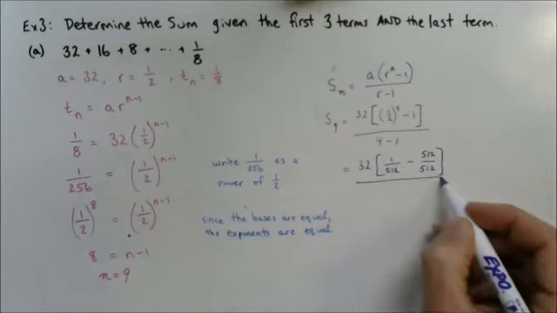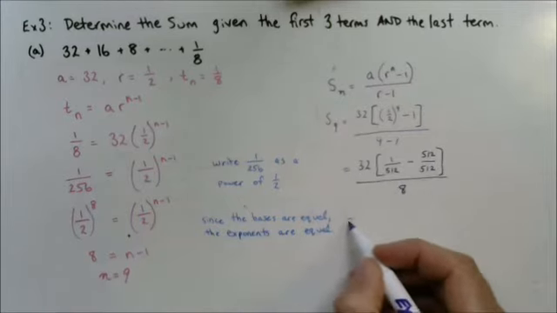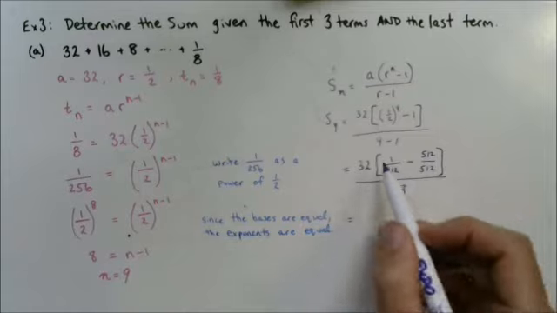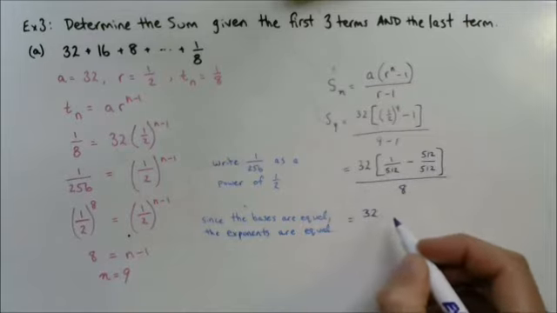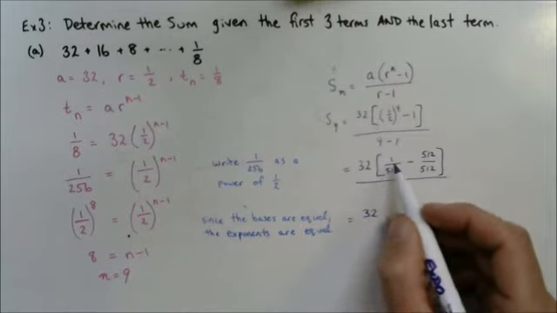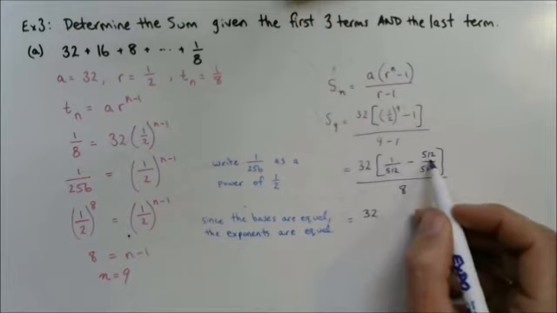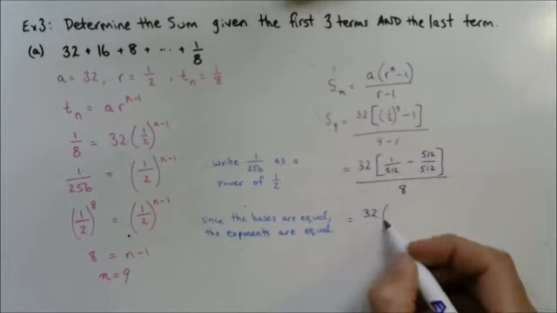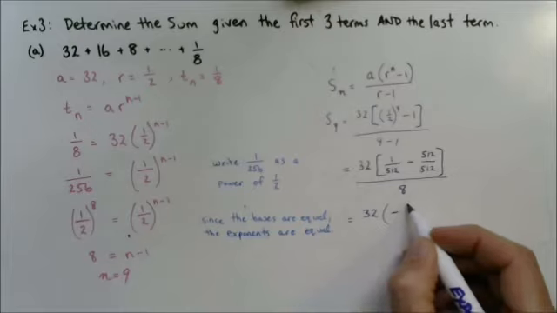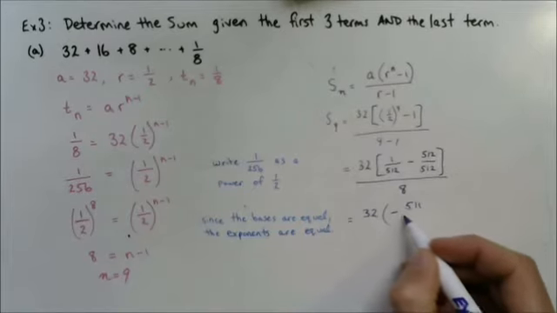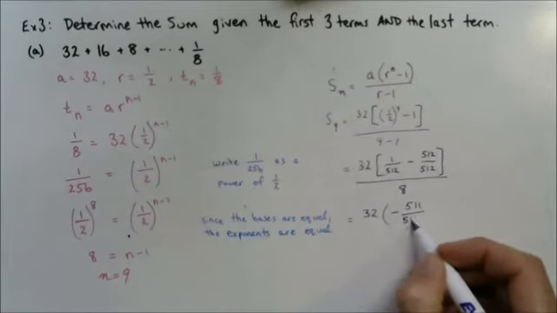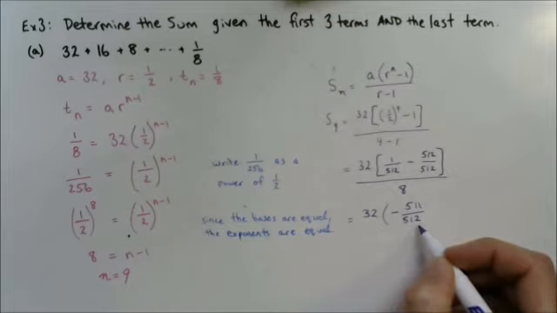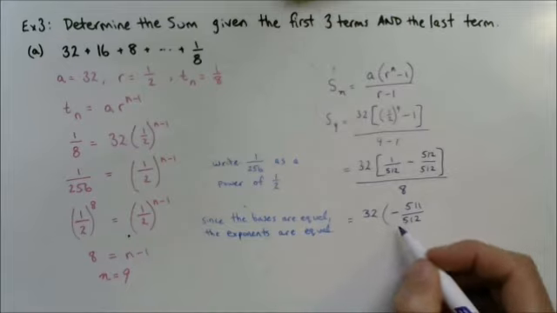Okay? Denominator I can reduce to 8 right away. Let's focus on the numerator though for a second so you see what happens inside this bracket. It's kind of an awkward little subtraction. But if I have 1 and I subtract 512, I'm going to be at negative 511. And I'm dealing with pieces that are 512ths of a whole. Okay, so I have almost negative 1, but I don't.